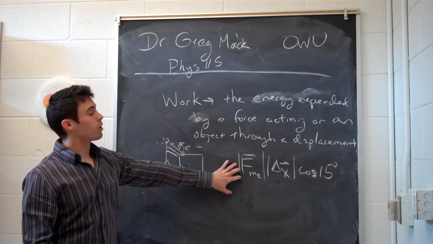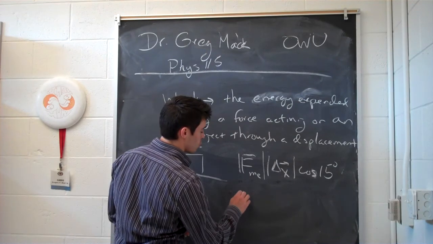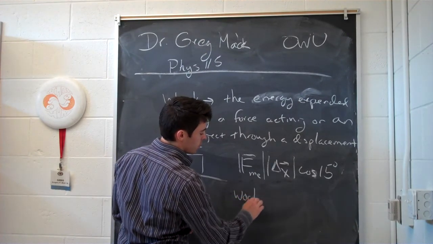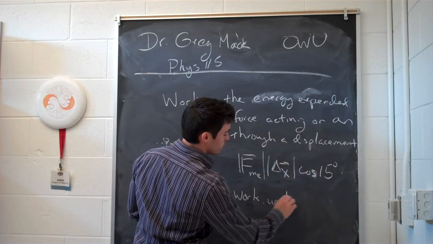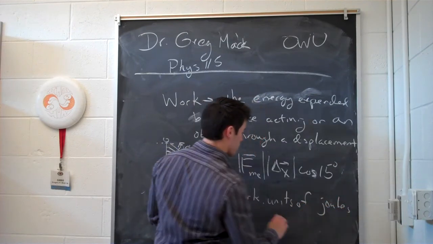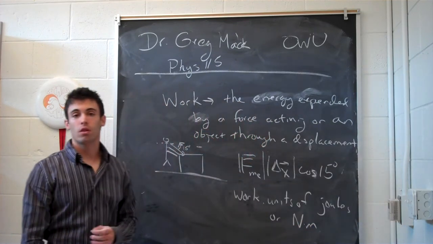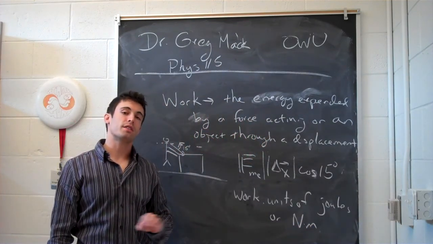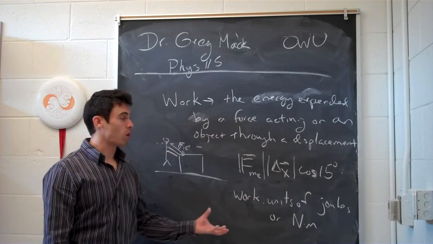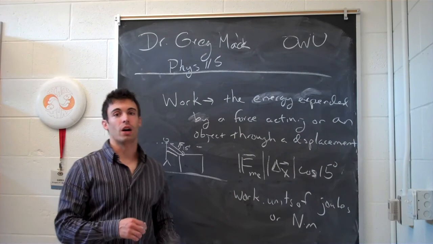But first we're going to deal with this idea of work, which is in units of joules, or Newton meters, and those are the same units as energy. So that's why we need to talk about work with regard to energy. We'll be talking about more of that on Thursday.